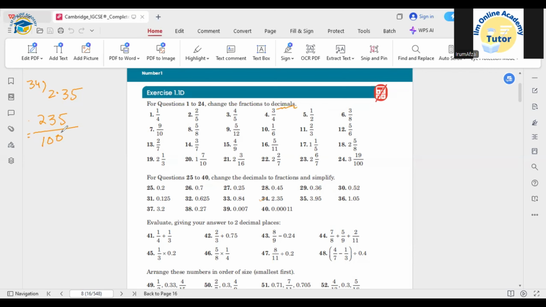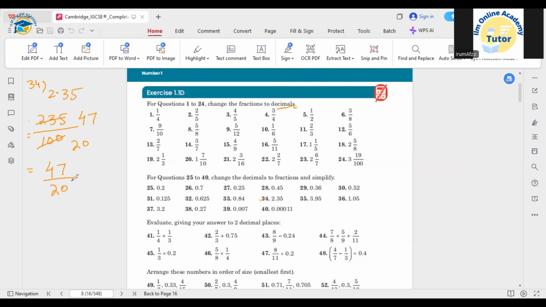Simplification is possible, so we can go with 5. 5 times 4 is 20, and 5 times 7 is 35. 5 times 2 is 10 and 0. So the number that I'm having is 47 by 20.